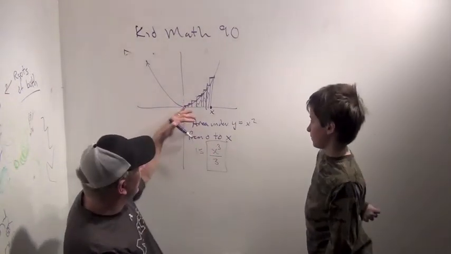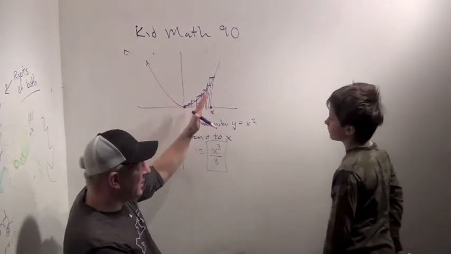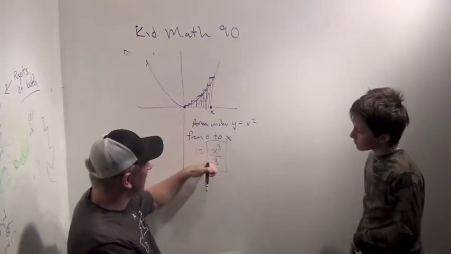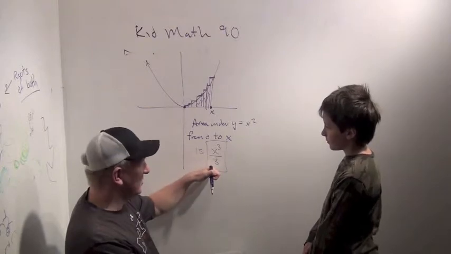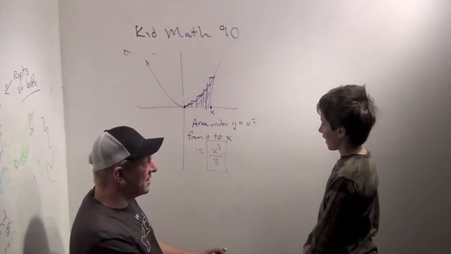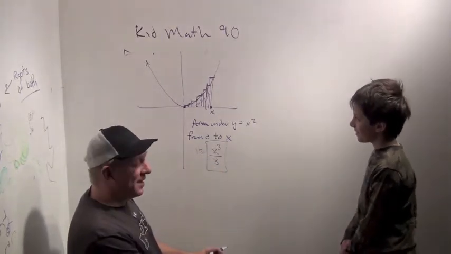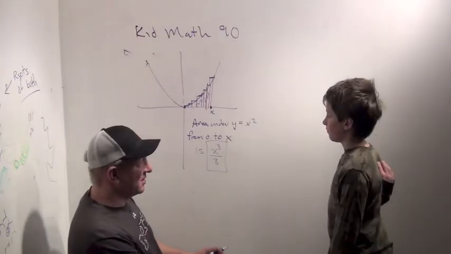All this chopping and splitting and summing and then infinite rectangles gives us a nice, beautiful answer: x cubed over 3. How did that happen? That's what calculus is going to teach us.